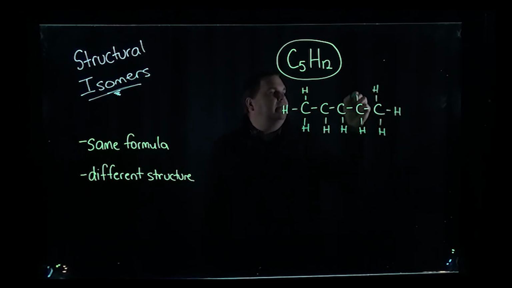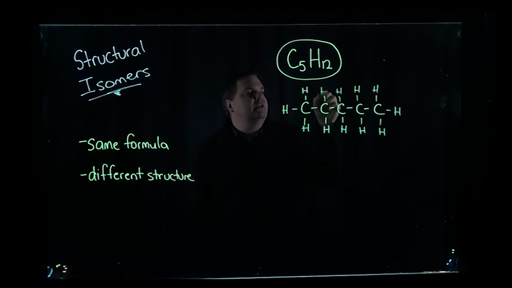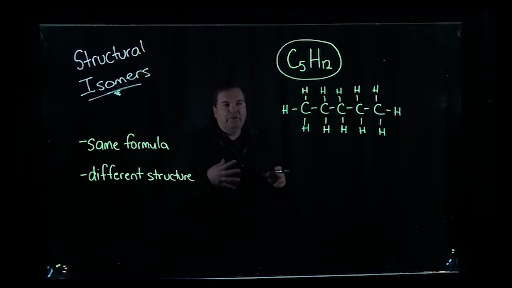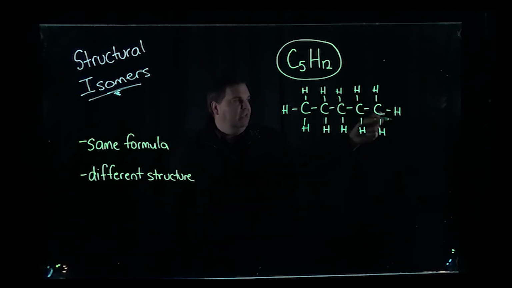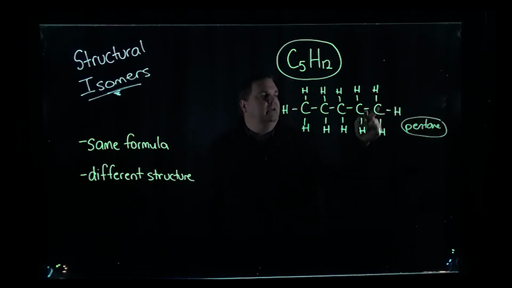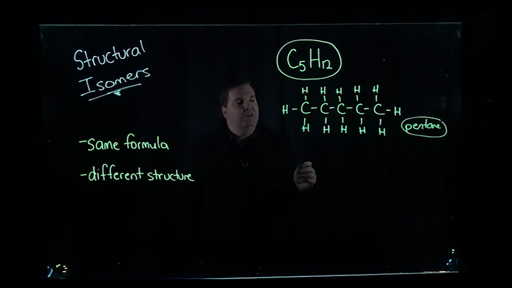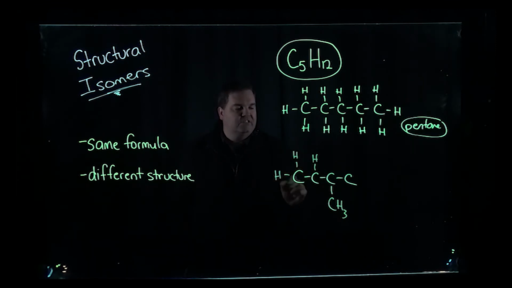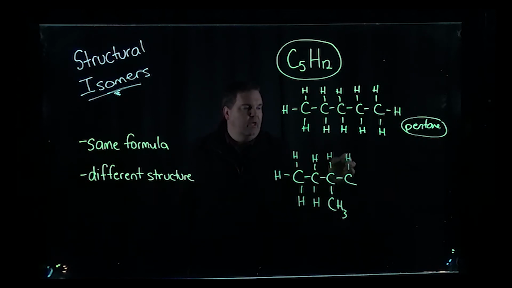However, in a structural isomer we have the same formula, but it gets rearranged slightly. If we take the CH3 group on the end of pentane and move it to the middle of the chain, we end up with 4 carbons in the chain, with the CH3 group, the methyl group, on it, and we fill up the rest of the carbons with hydrogens. We still have the exact same formula of C5H12, but now we have a different molecule.